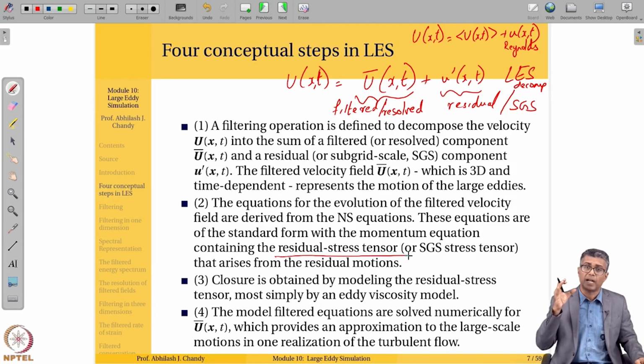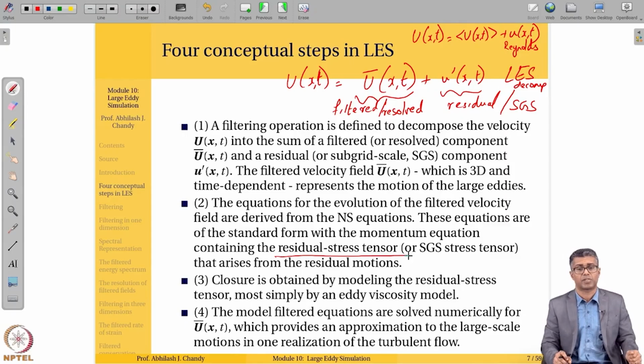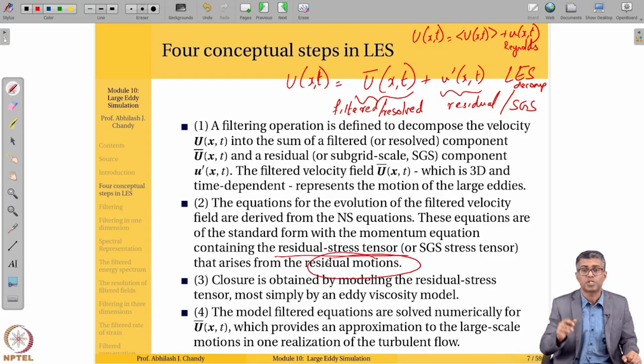So just like you had the Reynolds stress that popped up when you time average the equations after the Reynolds decomposition, here you are getting a residual stress tensor or a subgrid scale stress tensor that arises from the residual motions. Residual motions means small scale motions.